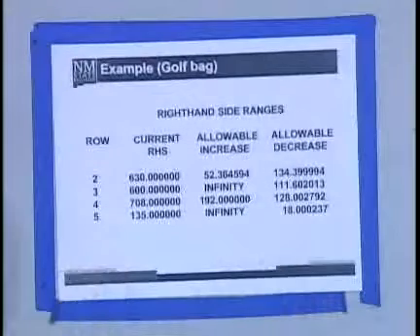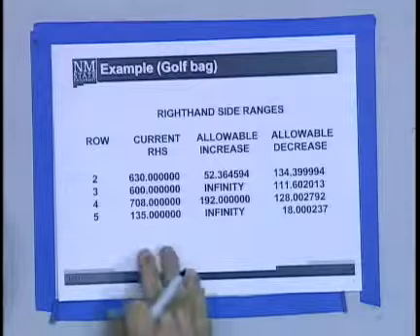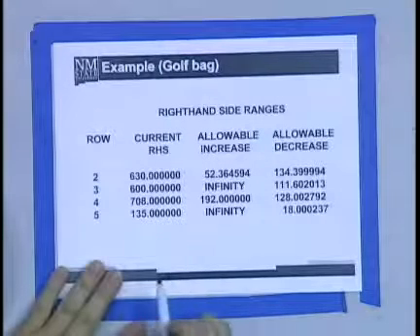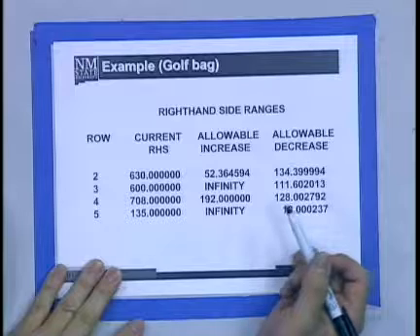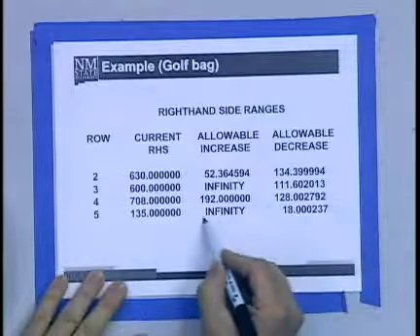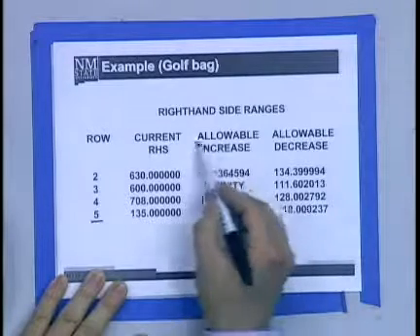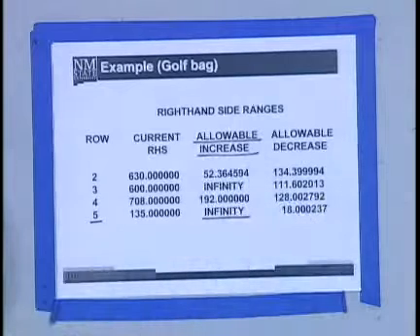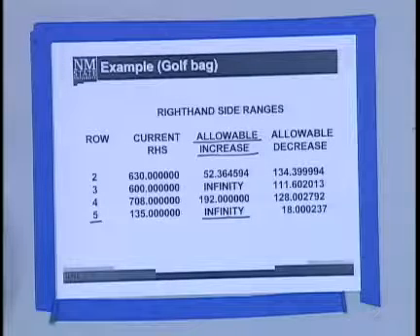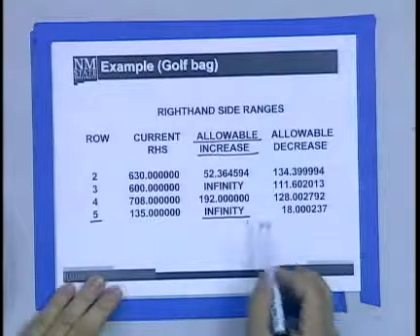So we need to look at the right-hand side ranges. Increasing 10 hours for inspection and packing is within the allowable increase limit of infinity, right?